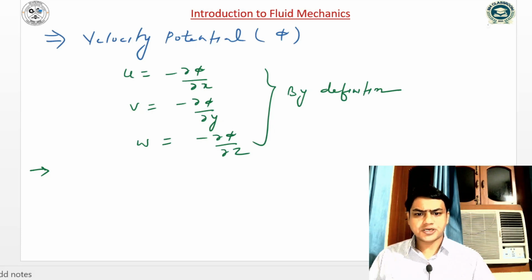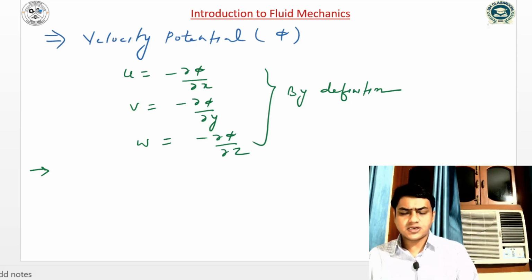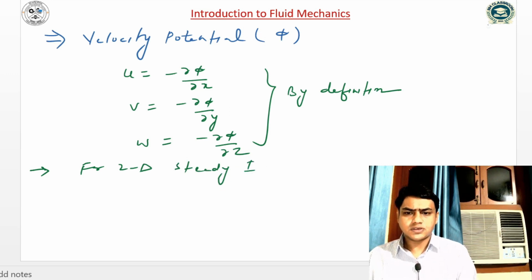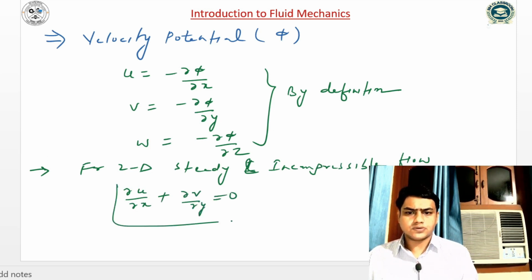So for two-dimensional steady and incompressible flow, the continuity equation must be satisfied, meaning del u by del x plus del v by del y is equal to 0.